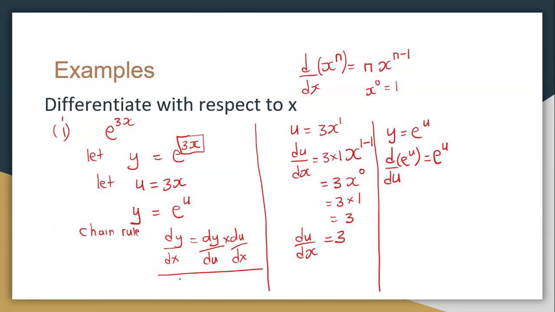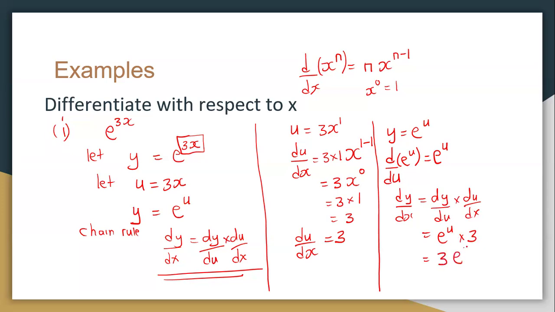So I come back here in my chain rule and I can say that my dy/dx will equal dy/du times du/dx. So I've obtained my dy/du as e power u, times my du/dx, which is 3. Then I'm going to substitute back, but I'm going to arrange it so I start with the digit, then I bring back the function.